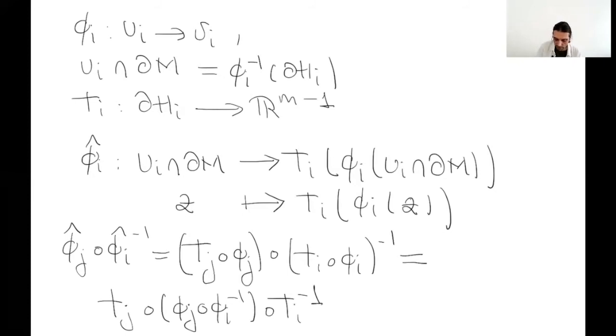So essentially here we have a map that is going to be a C^r diffeomorphism, and in both extremes we have linear isomorphisms. So the composition is also going to be a C^r diffeomorphism. That's easy to check out. And so in this way we get a trivialization atlas for the boundary of M. Let's point out that the boundary of M is a manifold without boundary, okay? The boundary of the boundary is indeed empty.